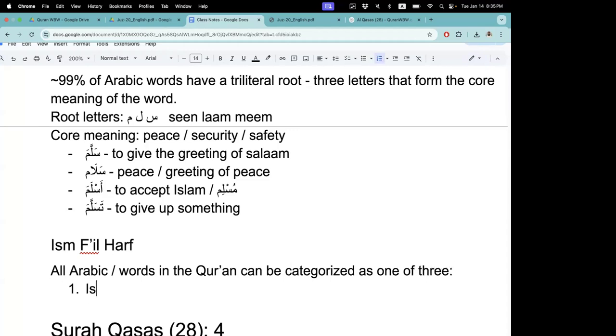Number one, ism. The closest approximation of it is a noun.